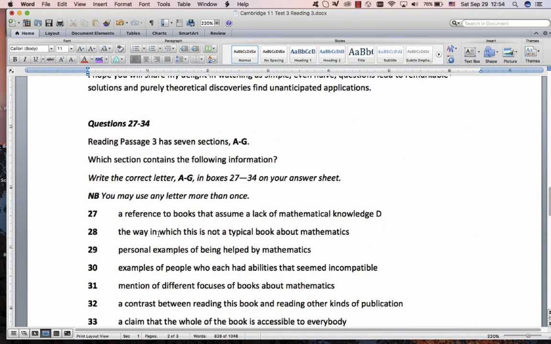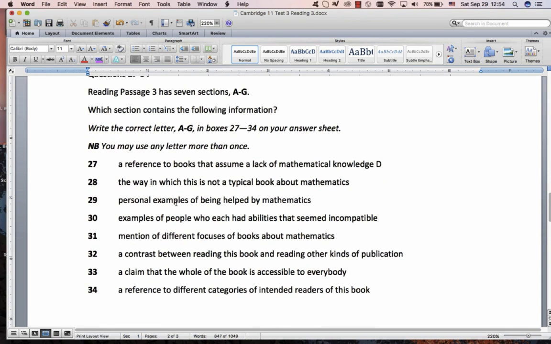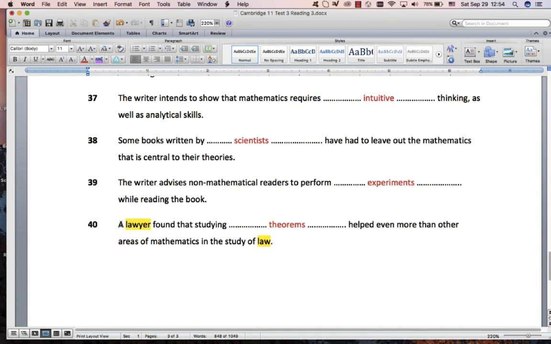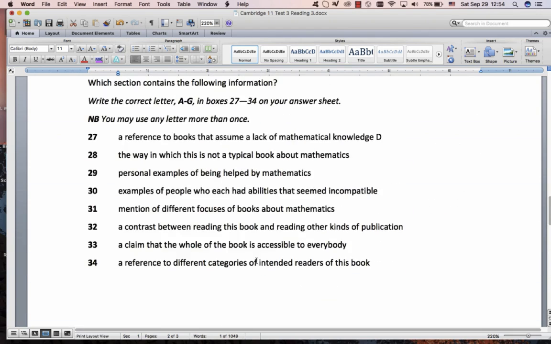Right. The way in which this is not a typical book, I don't remember. Personal examples of being helped by mathematics. Can you remember anything about personal examples and being helped by mathematics? This was a personal example, the lawyer, and there he was helped by the mathematics. We can go to that paragraph.